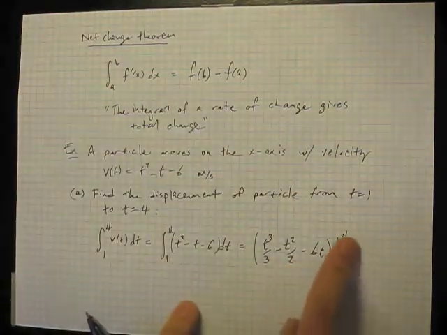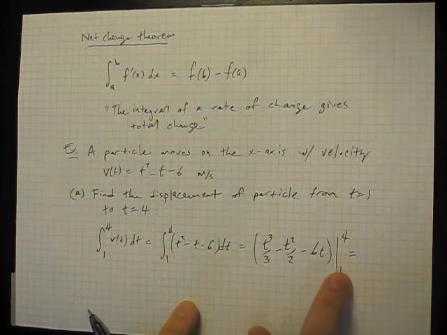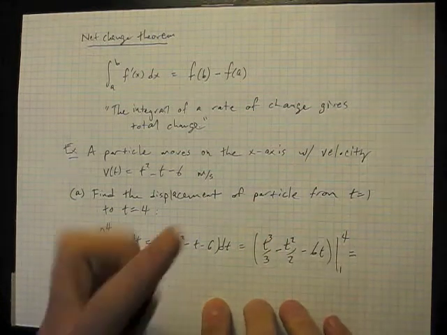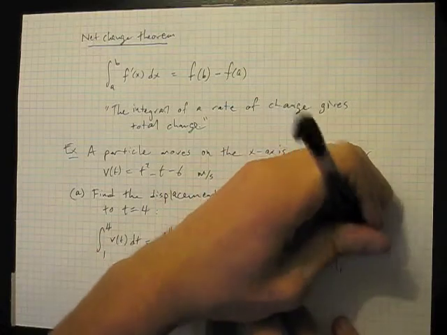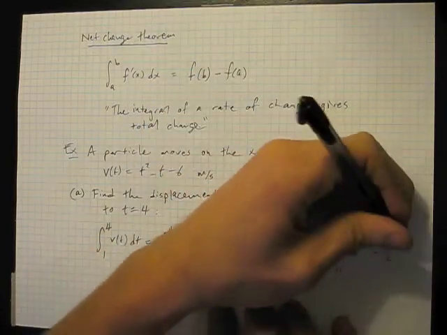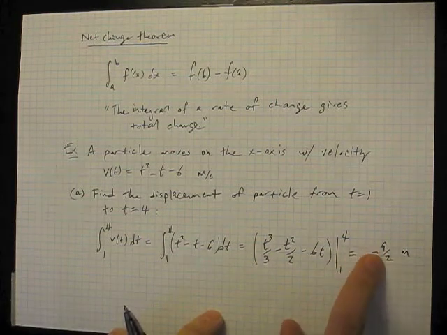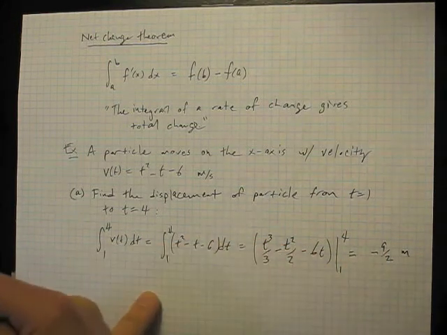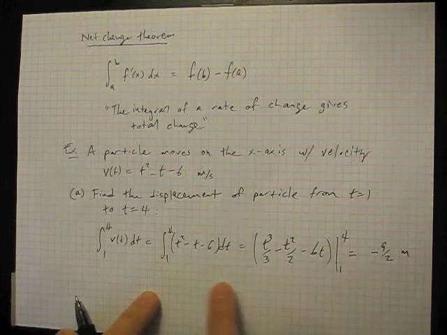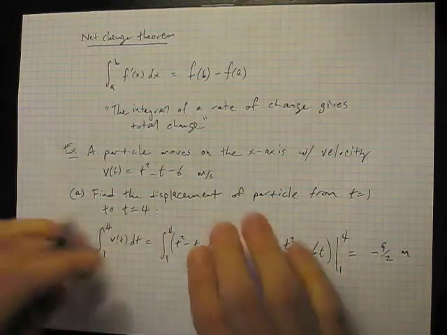If you plug in 4 into this expression and plug in 1 into this expression and take the difference, then you get minus 9 halves. So that'll be in meters. So the particle moved 9 halves in the left direction along the axis from time 1 to time 4.